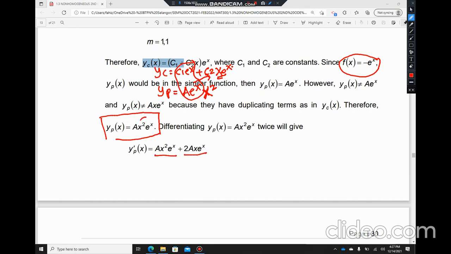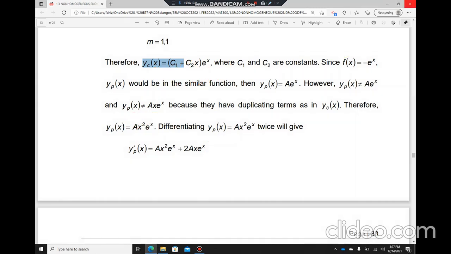Sebab YP kan, okay, YP kat sini awak kena guna apa ni? Bila differentiate, tak boleh differentiate biasa, tak boleh differentiate X square dapat 2X, differentiate EX dapat EX. Kena guna product rule. Okay, nanti check balik formula UV prime plus VU prime. Yang ni untuk product rule. Okay, yang ni dalam calculus 1.